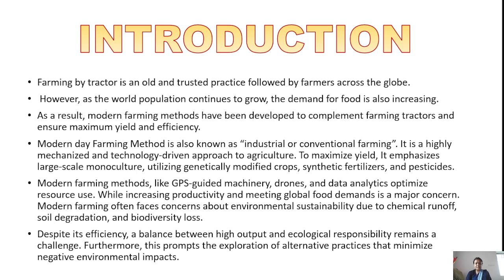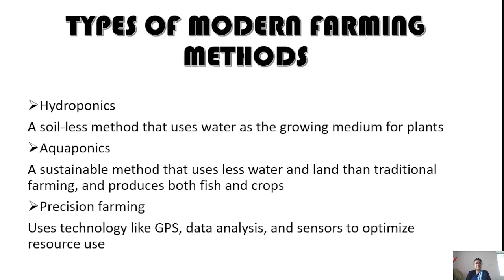Despite its efficiencies, a balance between high output and ecological responsibility still remains a challenge. There are different types of modern farming methods which a farmer can use.